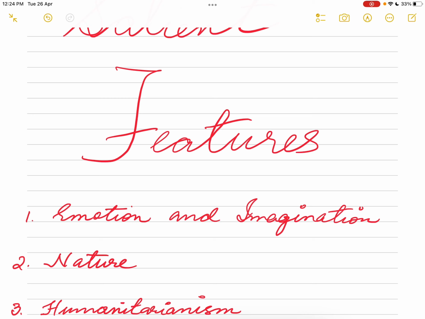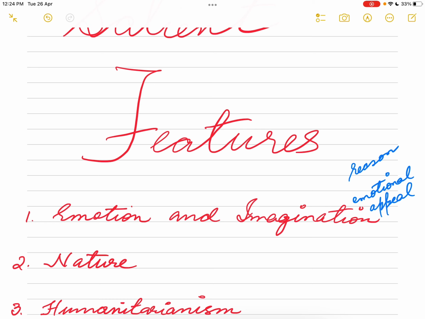In neoclassical poetry, the main thrust of poetry was reasoning, reasoning was taking a lot of place, right? Lots of logical reasoning was followed. But in Romantic poetry, poems had an emotional appeal, right?